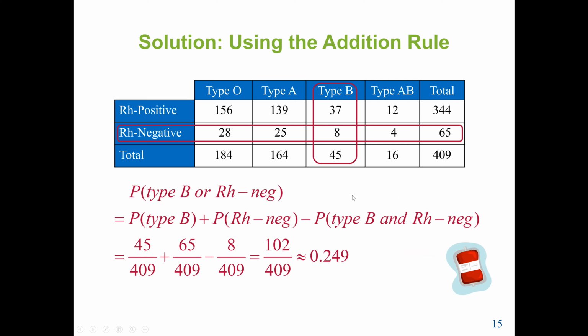We subtract where both events occur at the same time, which is 8. So we divide 8 by 409. For type B it is 45, for Rh negative it is 65. So we get 45 over 409 plus 65 over 409 minus 8 over 409, which is here.